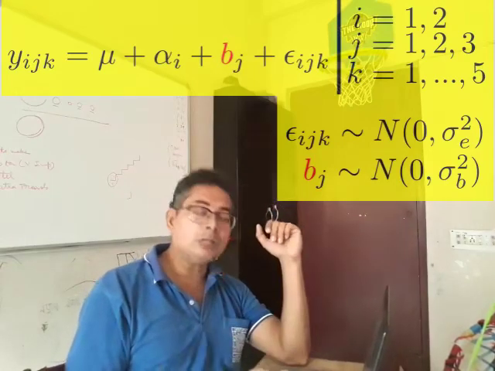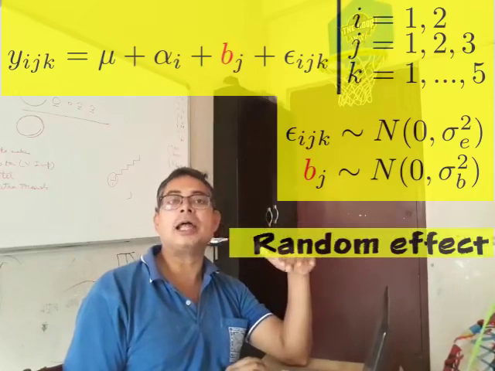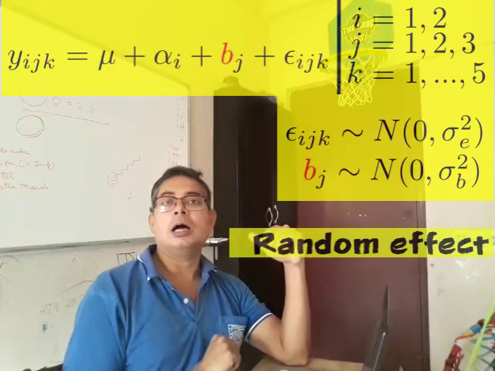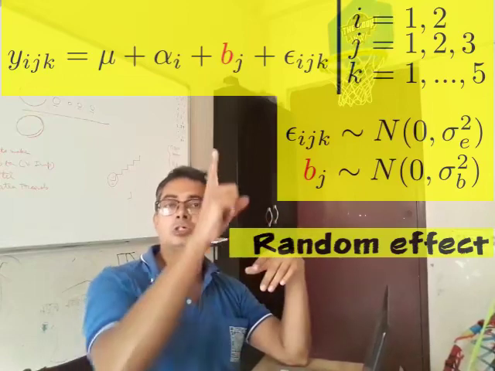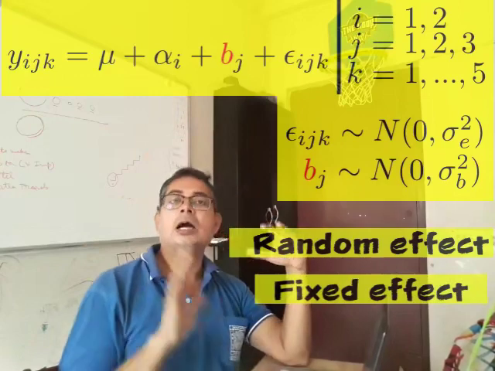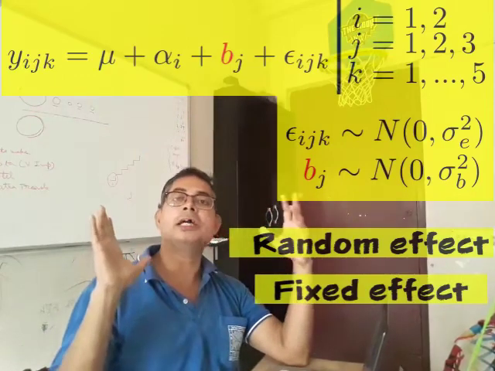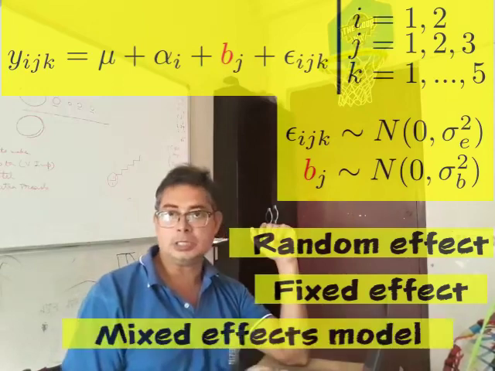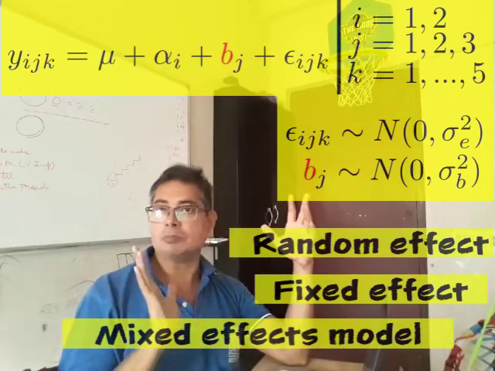Now in such a model, these b's are called random effects. Obvious reason, they are random. In contrast, we call these alphas fixed effects. A linear model which has both random effects and fixed effects is naturally called a mixed effects model.